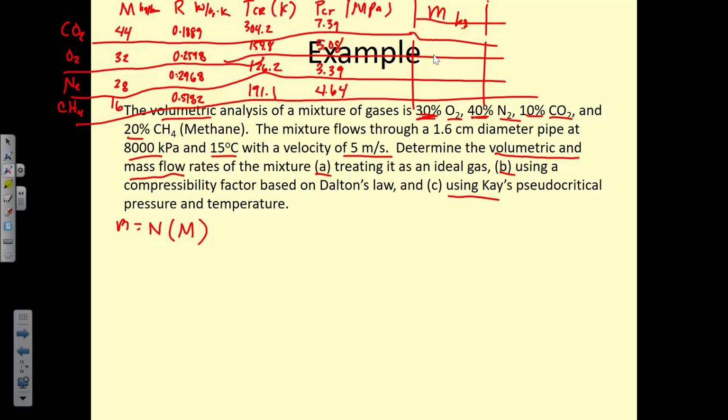So 440 is for the CO2, 440 kilograms, 960 kilograms, 1120 kilograms, and 320 kilograms. So for each one of those, I multiply the molar number, which is just 30, 40, 10, 20, whatever it is, times this molar mass.